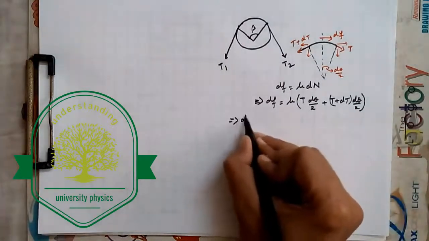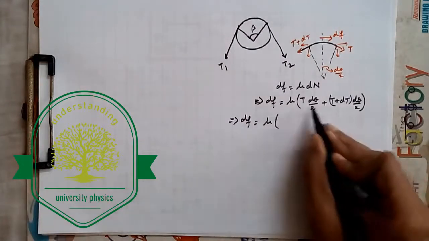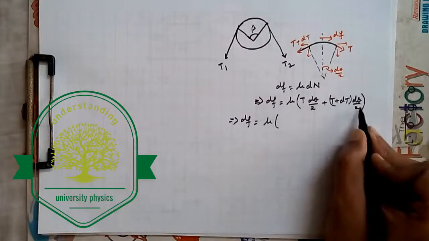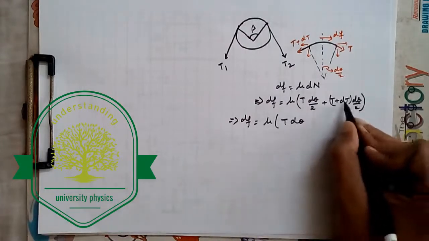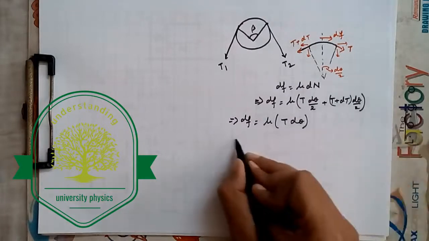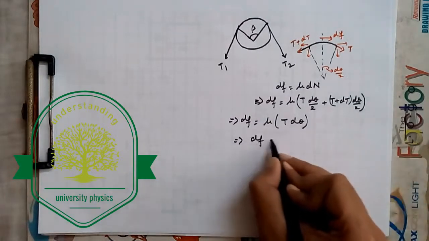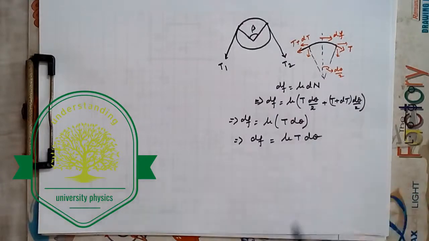So this gives us dF equals mu times (T d theta over 2 plus T d theta over 2, which is just T d theta), and dT times d theta, the product of two infinitesimally small quantities, can be ignored. So we get dF equals mu T d theta.